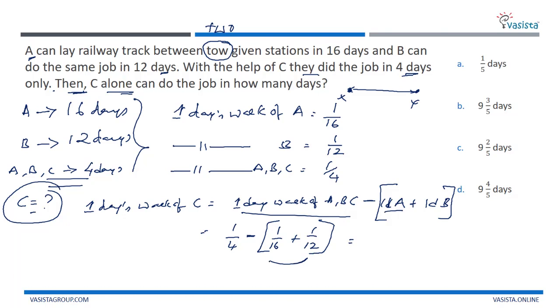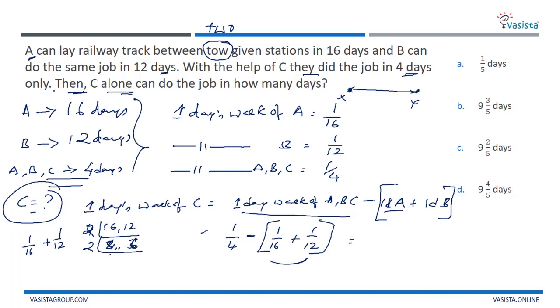Now first I will try to simplify this, that is 1 by 16 plus 1 by 12. What is the LCM of 16 and 12? Let us find out. Let me go with 4: 4 3s are 12, 4 4s are 16. Let us start with 2: 2 8s are 16, 2 6s are 12.